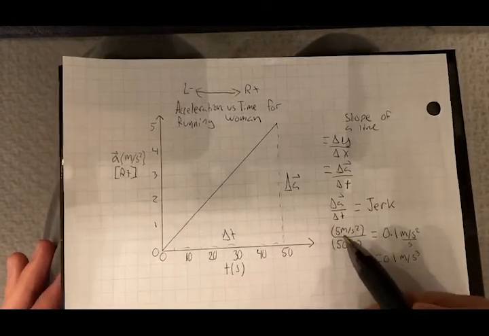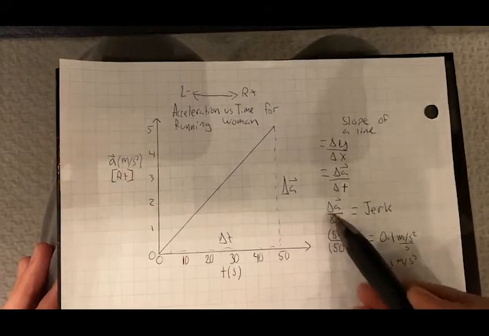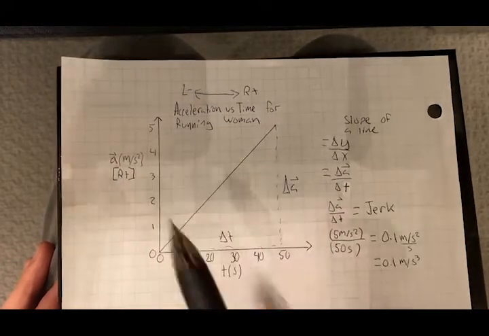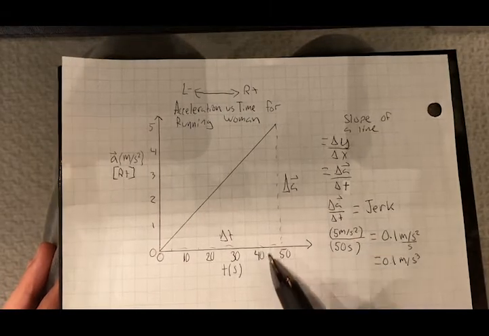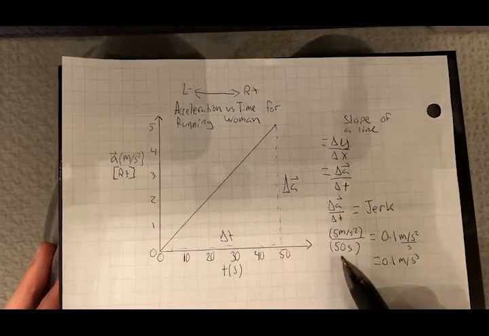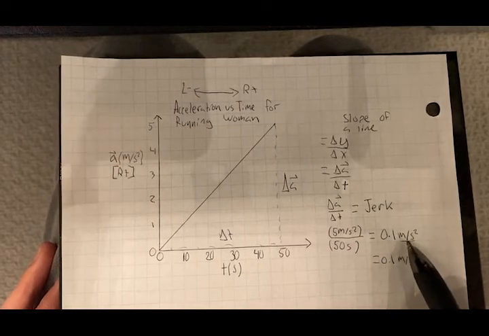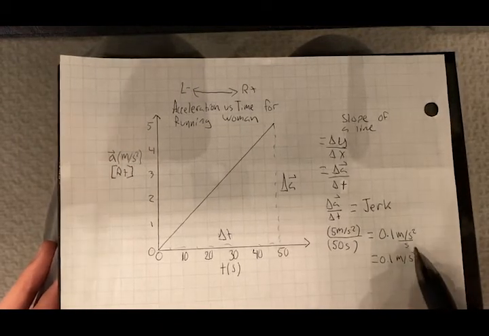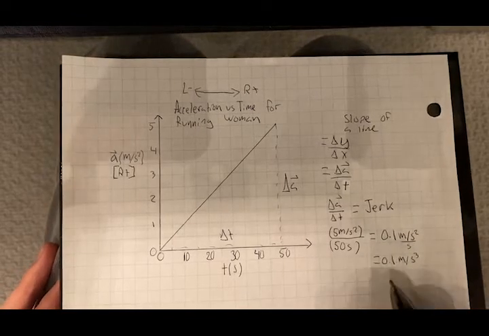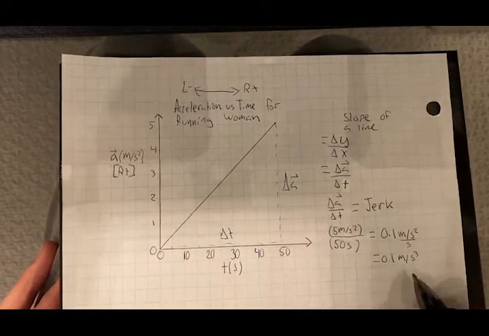Now we sub what we have. Delta a is equal to 5 meters per second squared, and delta t is equal to 50 seconds. So we get 0.1 meters per second squared per second. And then if we flip and multiply like we did before, we get 0.1 meters per second cubed.